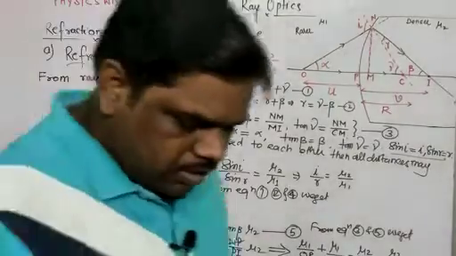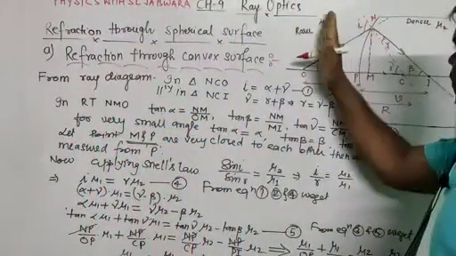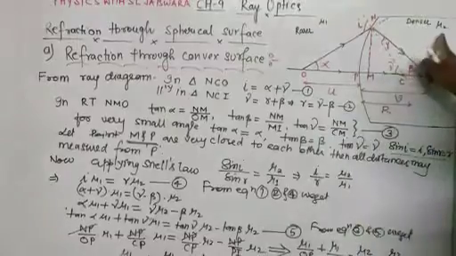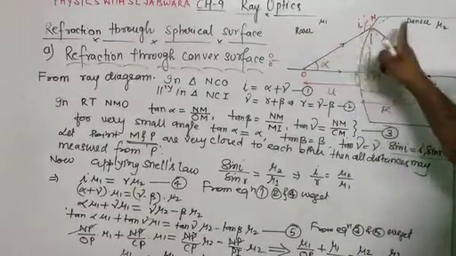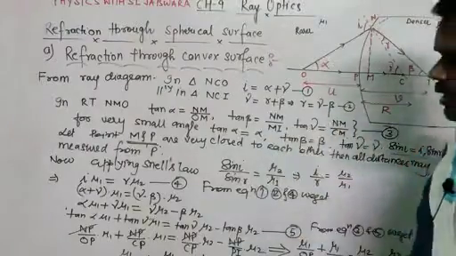So children, when refraction is taking place from denser medium to rarer medium, then what will happen? Then the refractive indices, that is mu 1 and mu 2, will interchange with each other.